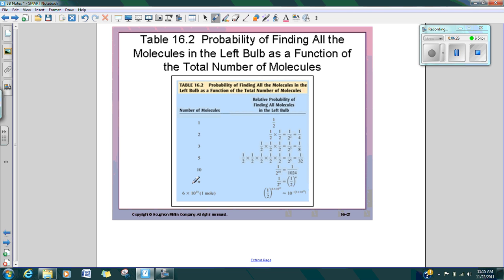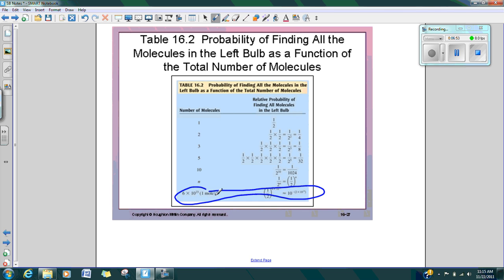But here's what I want you guys to take a look at. If I have one molecule, the probability of finding all of them in the left bulb is 1/2. That makes sense. As I have 2 molecules, you can see how this goes down to 1/4, and 3 all the way down. And if I take a look all the way down here where I have a mole of molecules, this never is really going to occur. How are you ever going to get all of those molecules on the left-hand side?